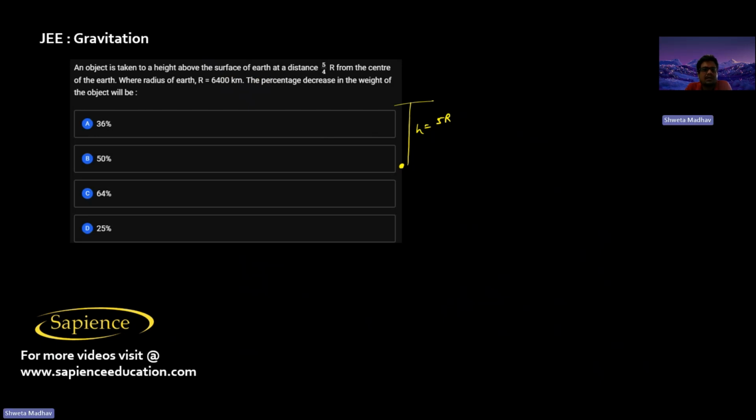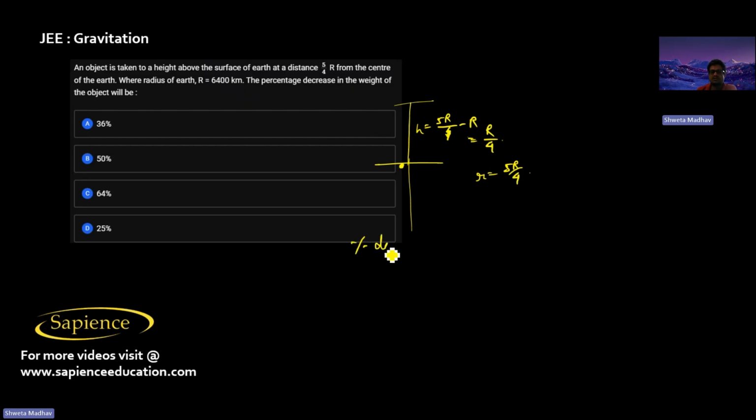So the distance is 5r by 4. Okay, so it means that h will be equal to 5r by 4 minus r, that is equal to r by 4. So the height from the surface is r by 4, and from the center it is 5r by 4. Where radius of Earth is 6,400 kilometers, the percentage decrease in the weight of the object will be.